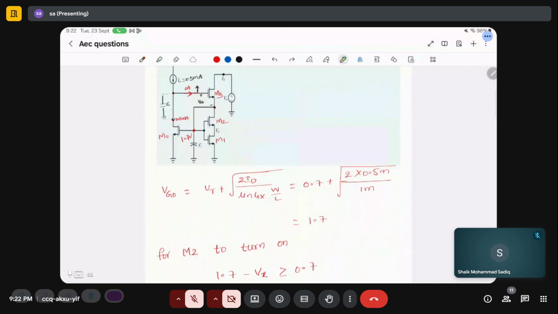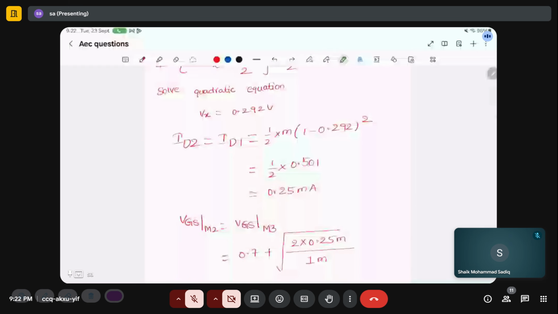We know that M2 is in saturation, so we use the formula half mu Cox W by L into (VGS minus VT) whole square. VG is 1.7 volts, VT is 0.7 volts, and Vx is 0.29 volts.